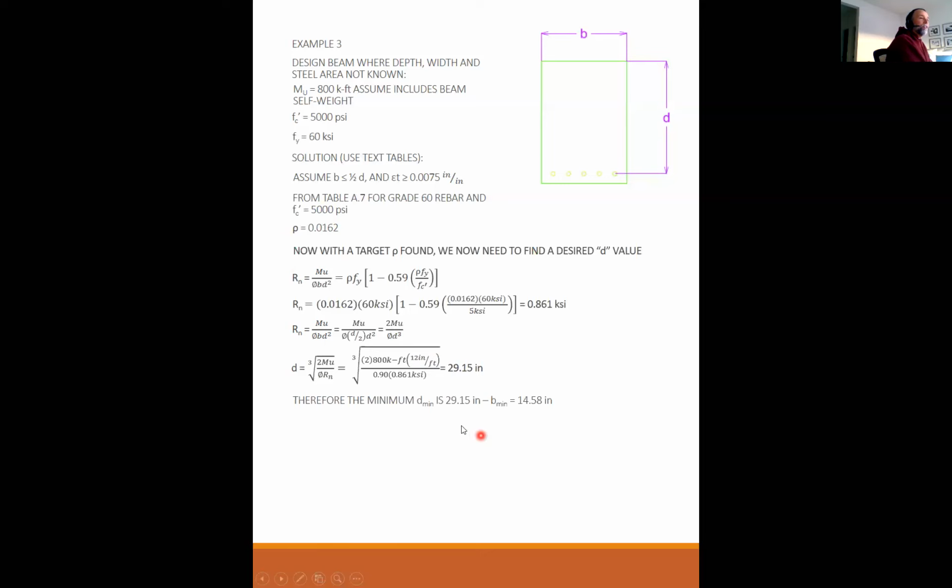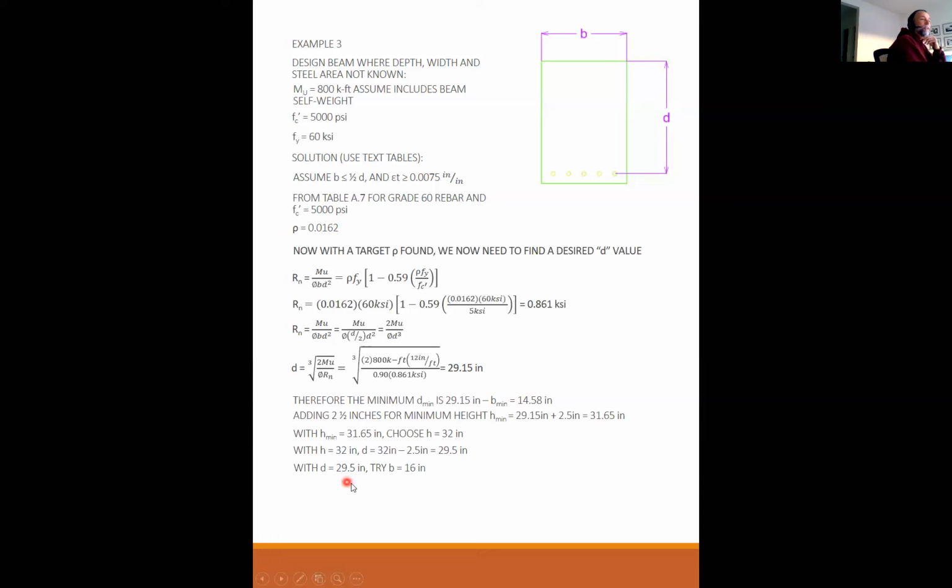So d minimum is 29.15. B minimum is half of that, 14.58 inches. Adding 2.5 inches for a minimum height, my minimum height is 31.65 inches. I can't build 31.65 inches, so I'm going to call it 32 inches. With h at 32, then d is 32 minus 2.5, 29.5.